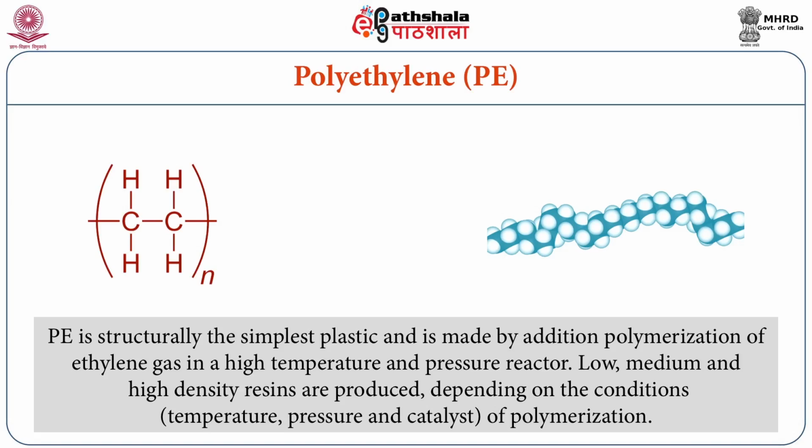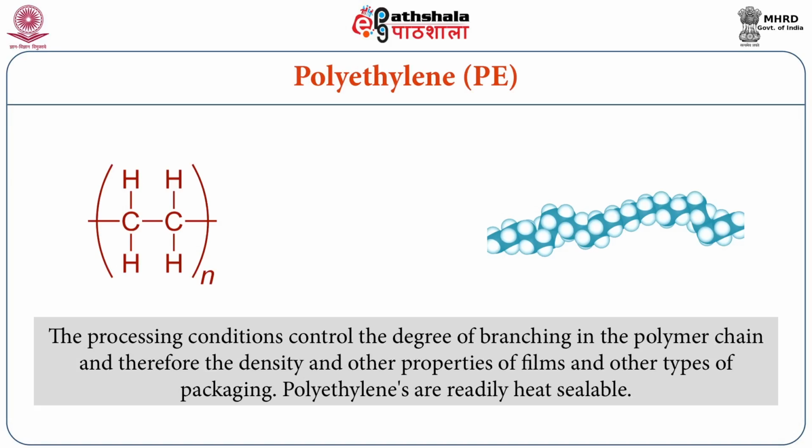Low, medium and high density resins are produced depending on the conditions such as temperature, pressure and catalyst of polymerization. The processing conditions control the degree of branching in the polymer chain and therefore the density and other properties of films and other types of packaging.